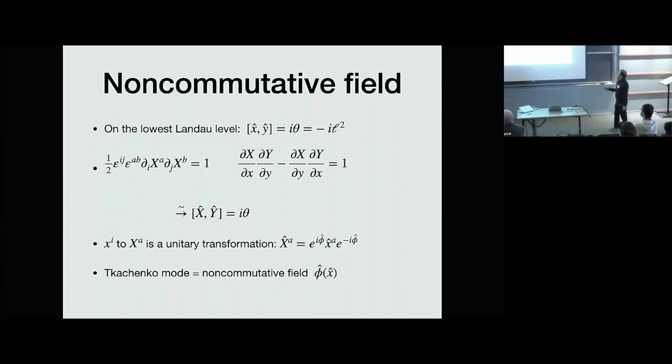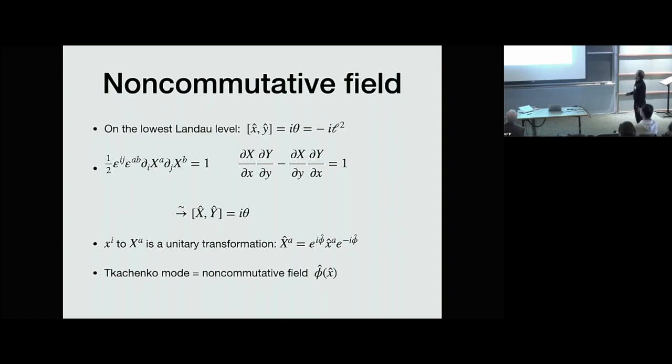Now, the statement that the Jacobian of the transformation from small x to capital X is equal to 1 can be thought of as a semi-classical statement, whose quantum version should look like the commutator of capital X and capital Y is equal to i theta. So imagine that you try to compute the commutator of two functions of small x and small y. At linear order in h bar, you would get the Poisson bracket, and that is this Jacobian here.